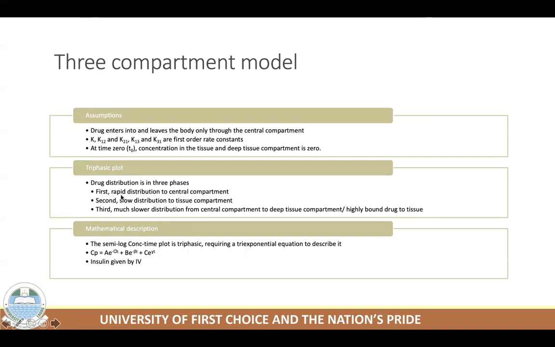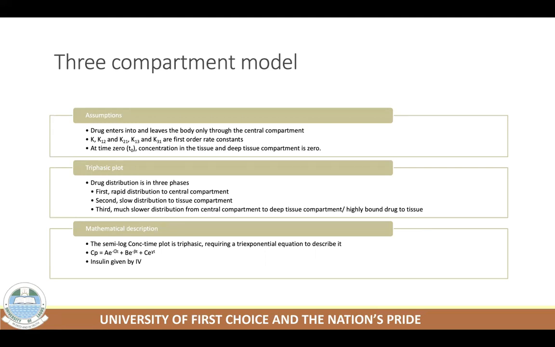In this model, some drugs you cannot adequately explain their concentration-time plot using the plot that we saw on the two-compartment model, because after the first phase there's a second curve and then a third inflection of the curve, which shows that you're not considering two phases at this point, you're looking at a likely three-phase event.